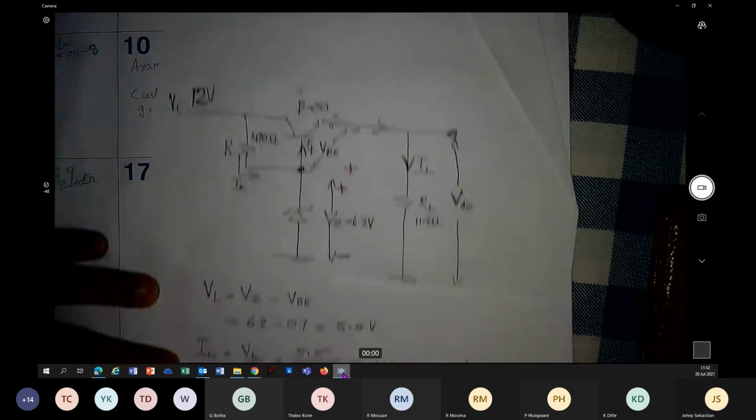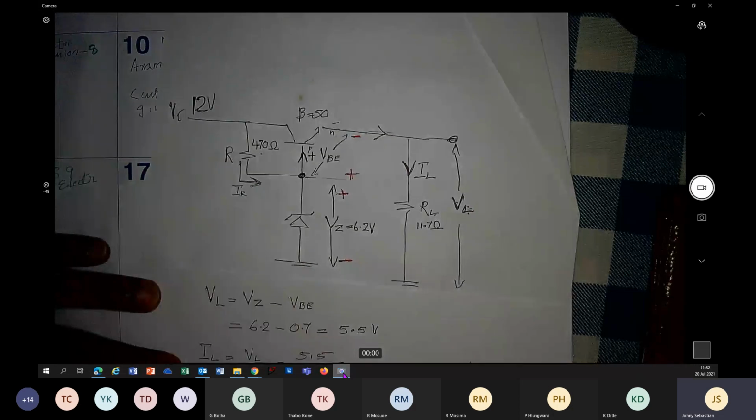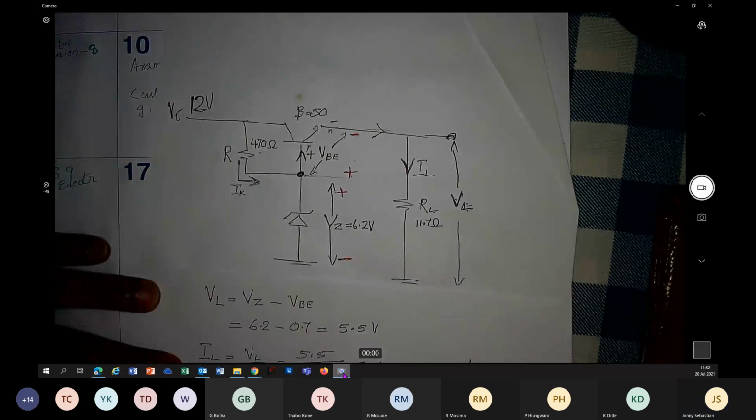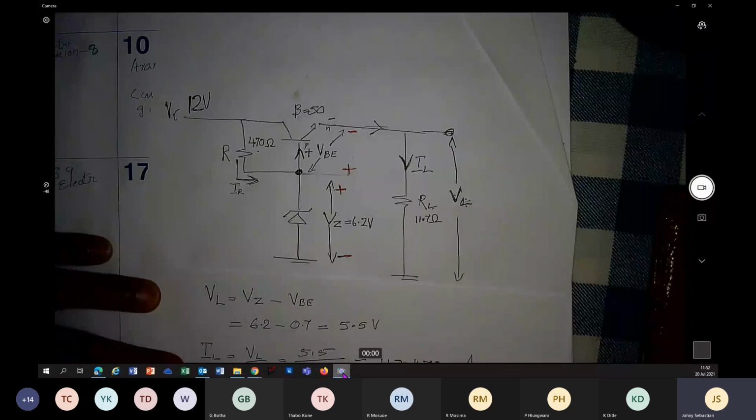How can you find that current? How do you find current through a resistance?